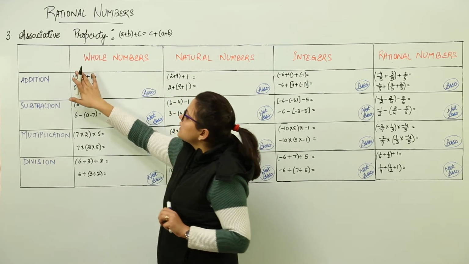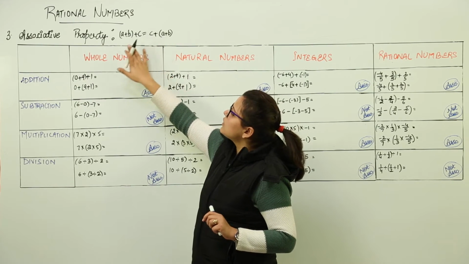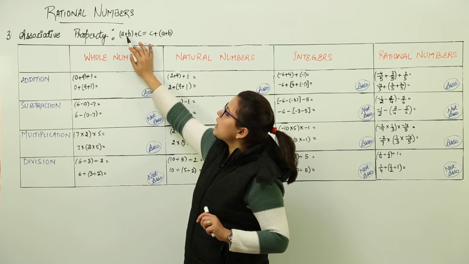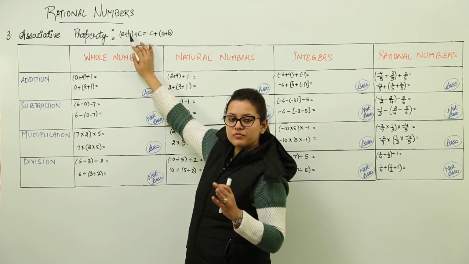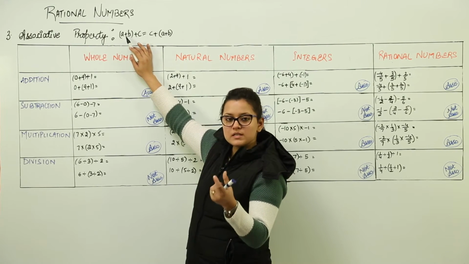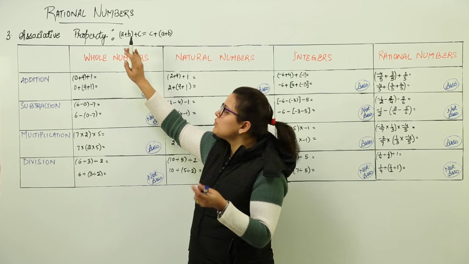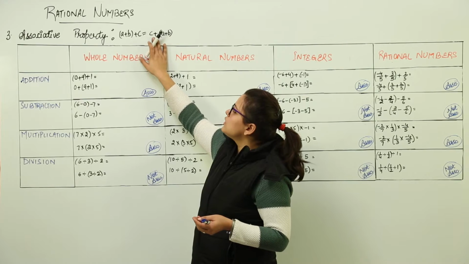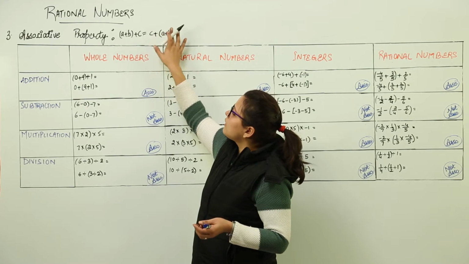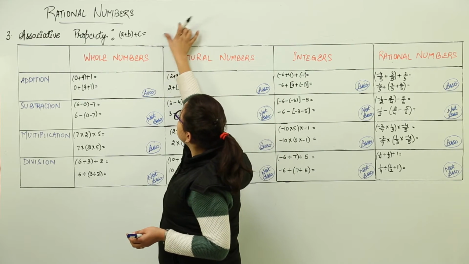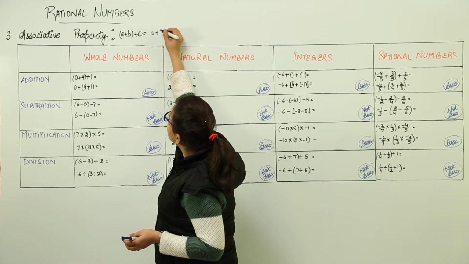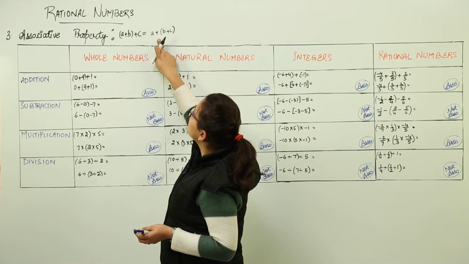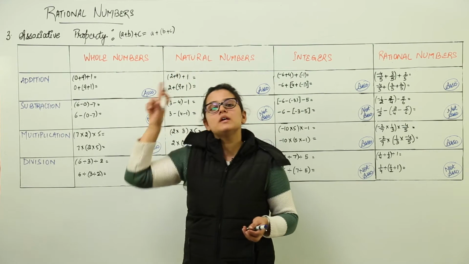Okay, before starting this, let us clarify what is actually associative property. Associative property is when you add two numbers, after adding the two numbers you get a sum, and to that sum you add the third number. Or you have done the addition of the last two numbers, but you will add the first number to their sum.